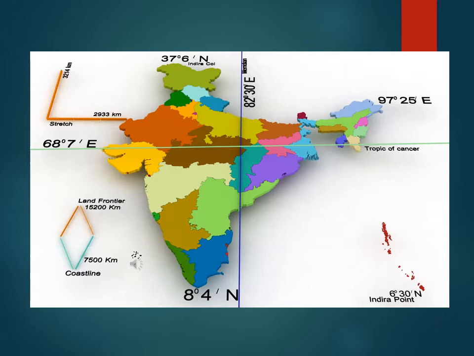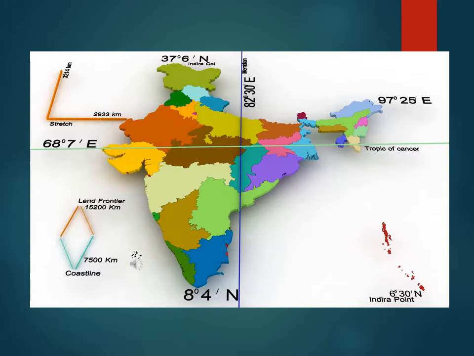If we are checking the distance between these longitudes, you can see that the difference is almost the same. You calculate yourself, 97 degree 25 minute minus 68 degree 7 minute. You just calculate it, you will get the answer.